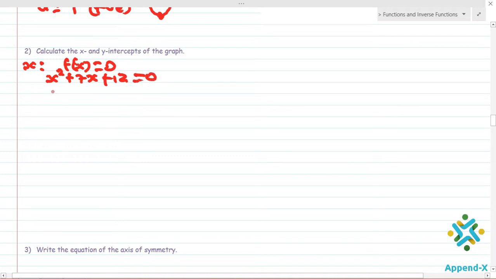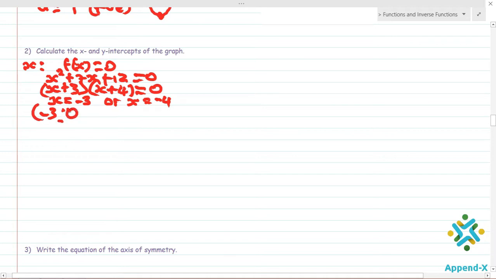Factorizing this equation, we get x plus 3 times x plus 4, equal to 0. Solving for x, we get x is equal to negative 3, or x is equal to negative 4. The coordinates of the intercepts with the x-axis are negative 3 and 0, and negative 4 and 0.